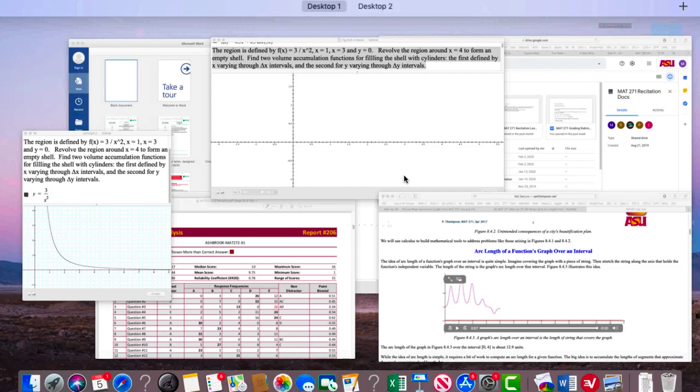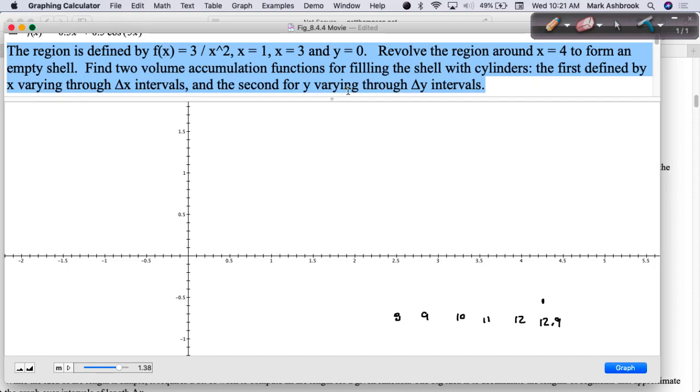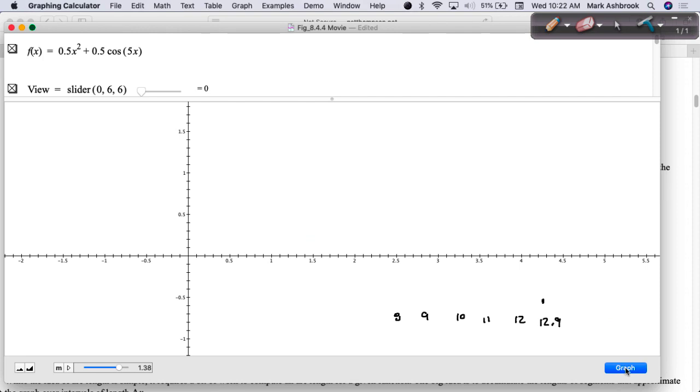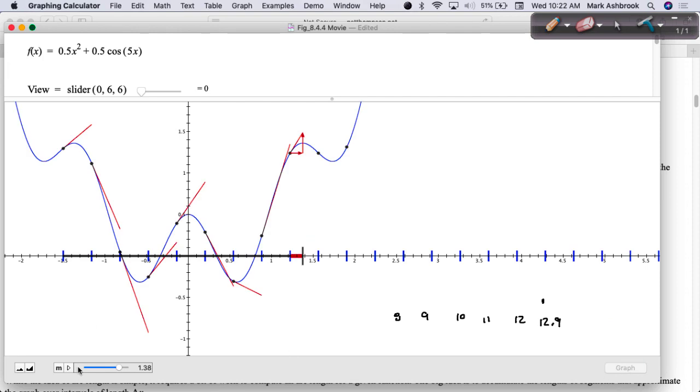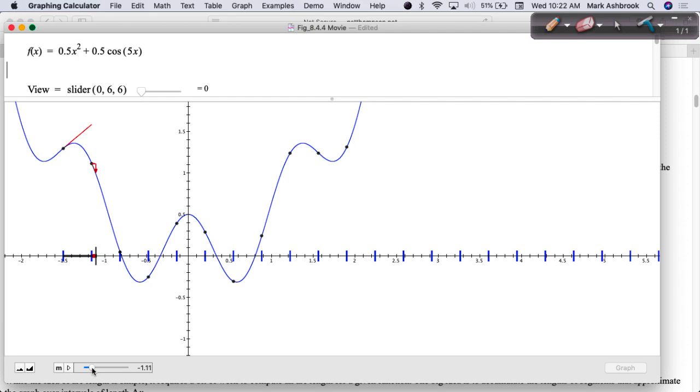So let's take a look at this. This is going to be a similar type approach that we've seen before. x is going to vary through delta x intervals.